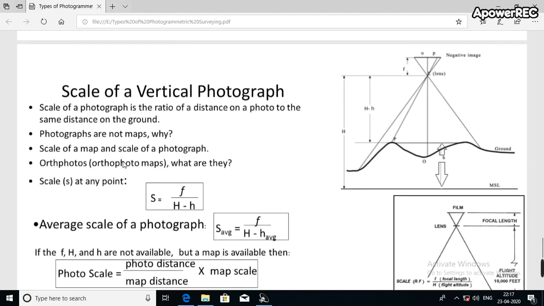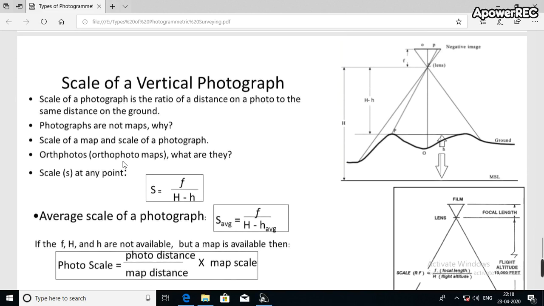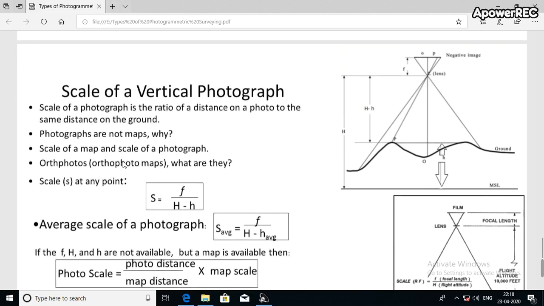Now, the scale of a vertical photograph. After getting the vertical photograph, we need to take the images and from there calculate the height. In this picture, you can see the negative image or film, which is also written as film. That means the camera is there.